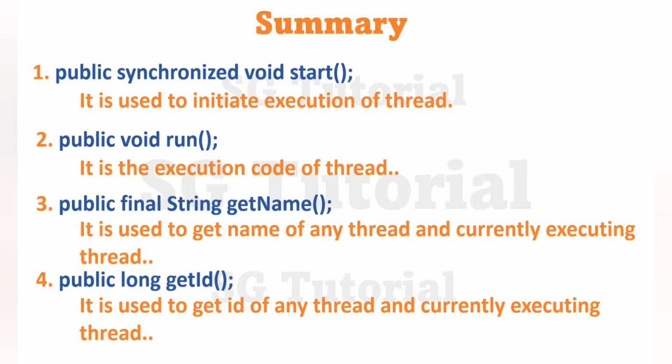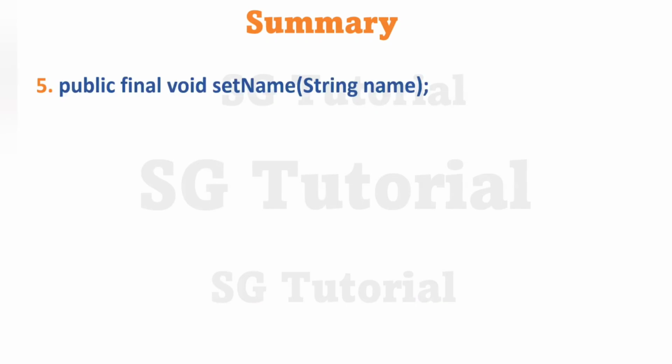Okay, and the setName method is used to set a name to the thread so that in a big multi-threaded application you can easily identify the thread by its name and its related task, as well as it helps to monitor all the threads. And remember, we cannot set the id of threads because the id is unique for every thread that the JVM assigns at the time of thread creation.